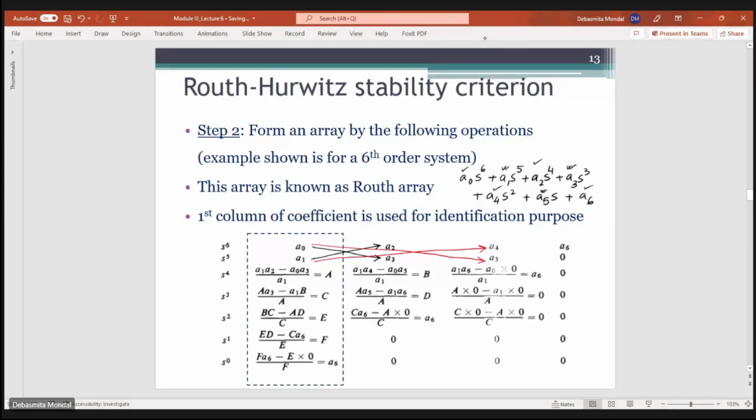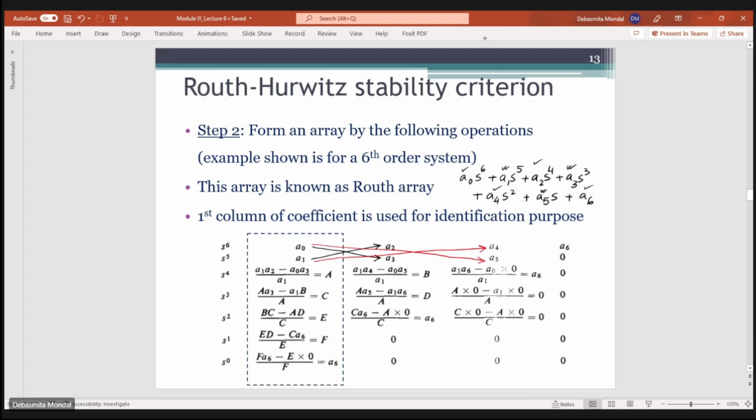So you have A1 A4 minus A0 A5 divided by A1. For the third term, you will have A1 A6 minus A0 multiplied by 0 divided by A1, which is nothing but A6. So the computation of the third row is done. Then you move on to the fourth row.